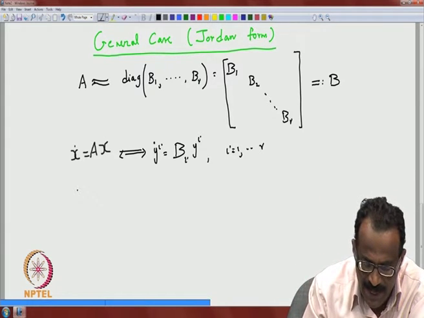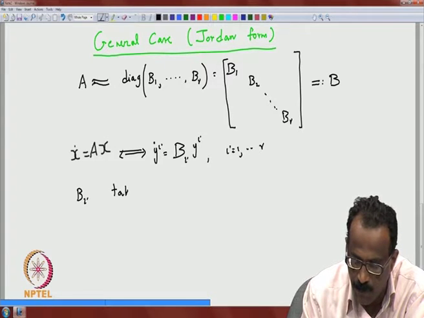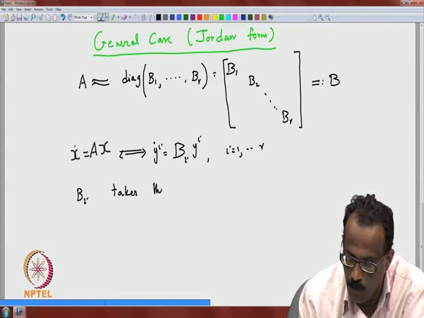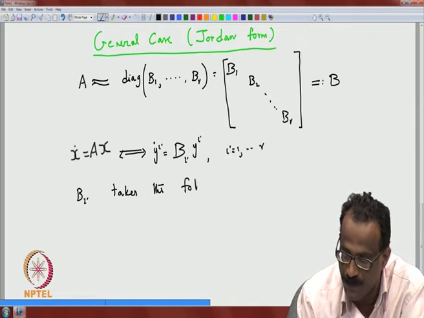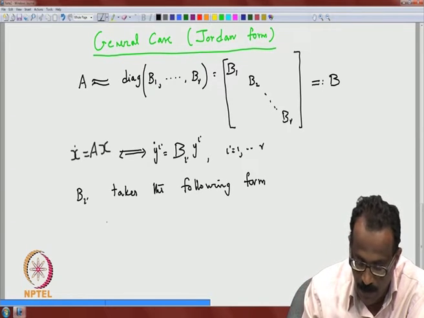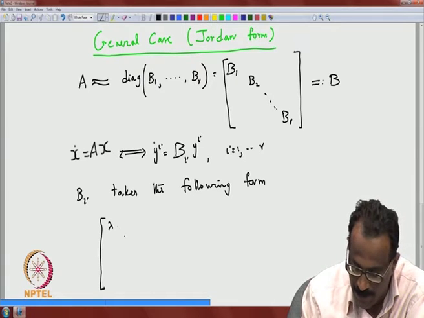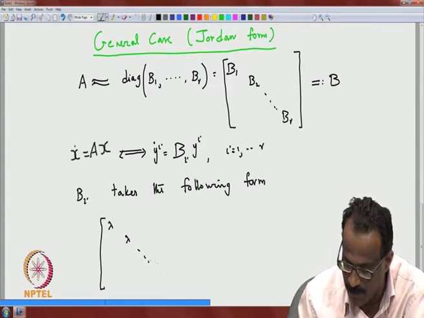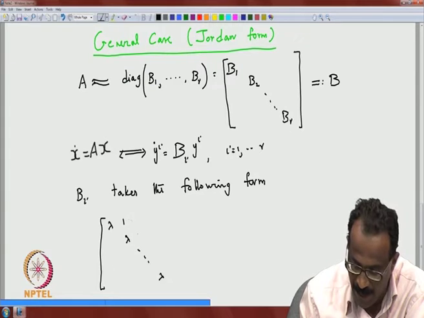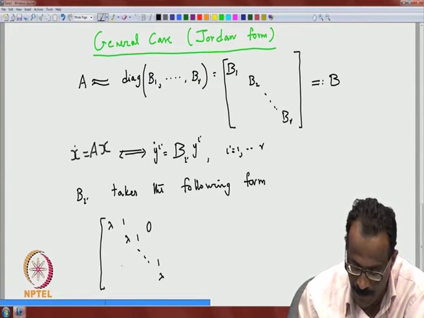How does Bi look? Bi takes only the following two forms, which is the interesting thing. It will be of the form where the diagonal entries are lambda, the off diagonal entries are 1, and the remaining are 0.